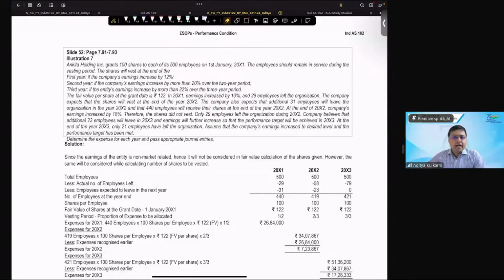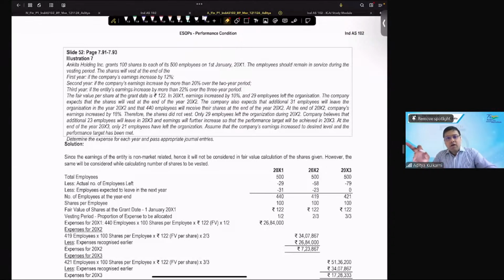So when I talk about a market-based performance condition, the impact of change in market price is factored in when I determine the fair value of the option at the grant date. But when I'm doing a non-market-based performance condition, those targets are not my inputs for fair valuation of the option at the grant date.